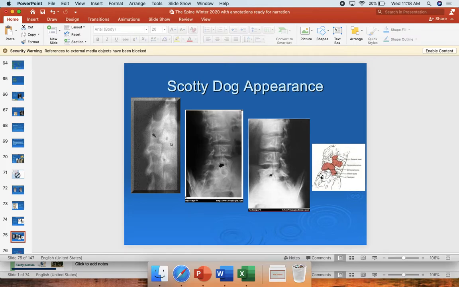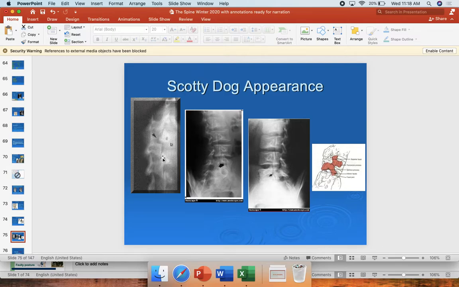So we've got our spinous process, and then our transverse process is going to be here. And then what we're going to be looking for is a collar on our dog. Okay, so if there's a collar on the dog, let's see if we can see one here. You can see right here, there's a little line. There's going to be a line here, and then there's a line right here.